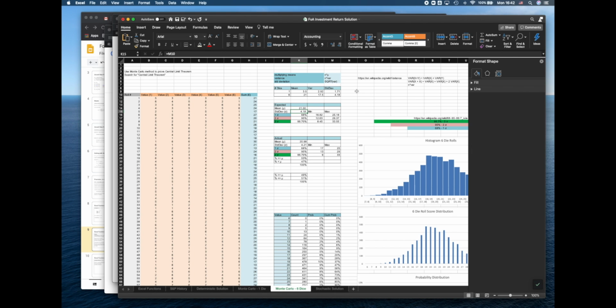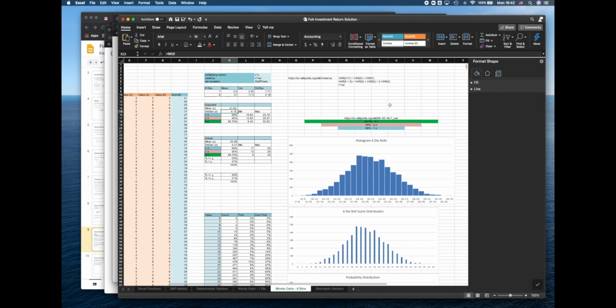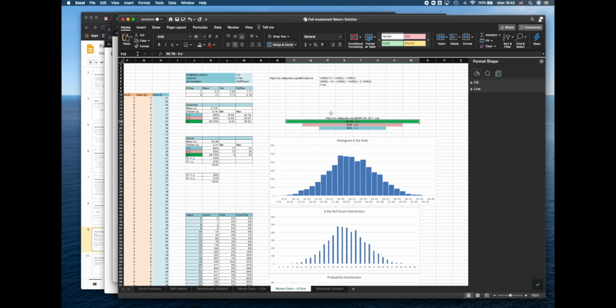There's another concept that I want to remind you of, and this is related to the standard deviation. In statistics, it's commonly known that 68% of the numbers are within one standard deviation, 95% are within two standard deviations, and 99.7% are within three standard deviations, when it's a normally distributed population.